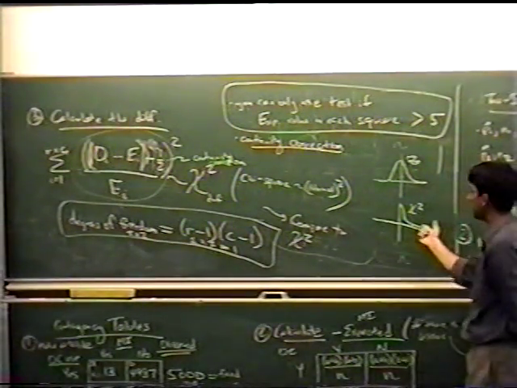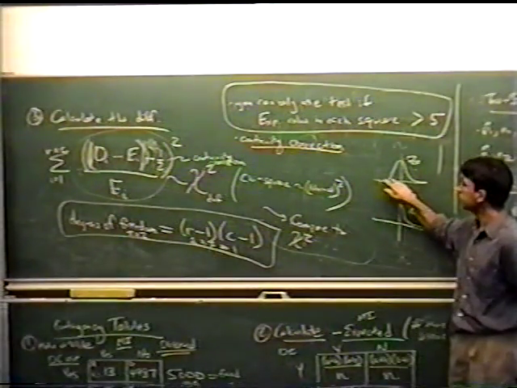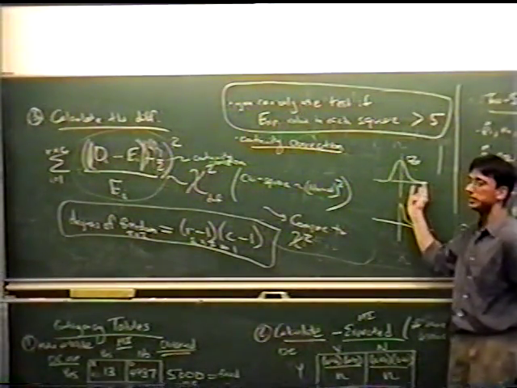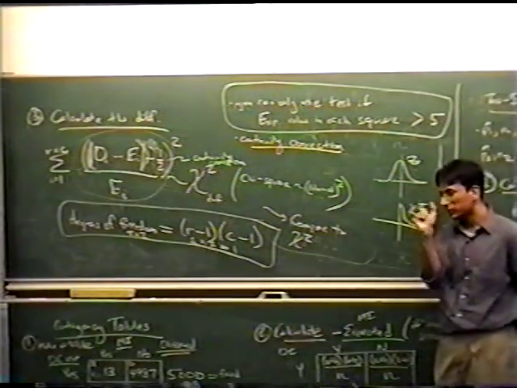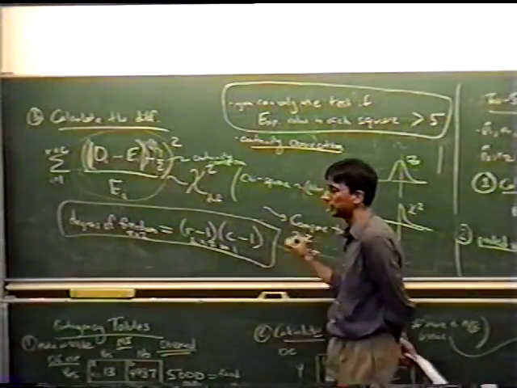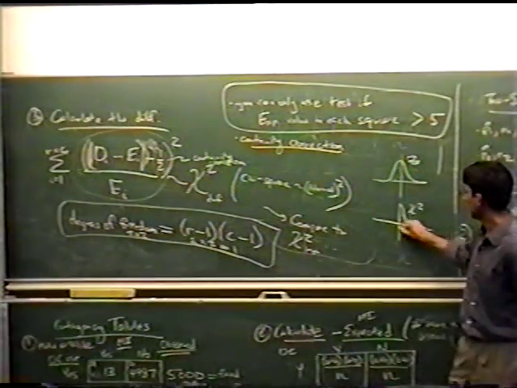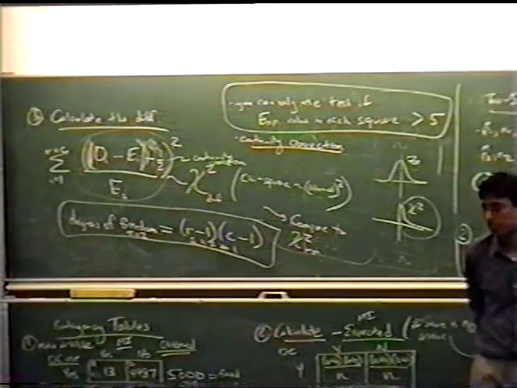And there's only one side of the chi-squared distribution, because when you square it, all the values here on the negative side go to the positive side. So it's still a two-sided test, but you compare it to 1 minus alpha, because everything is now just on the positive end. Okay?